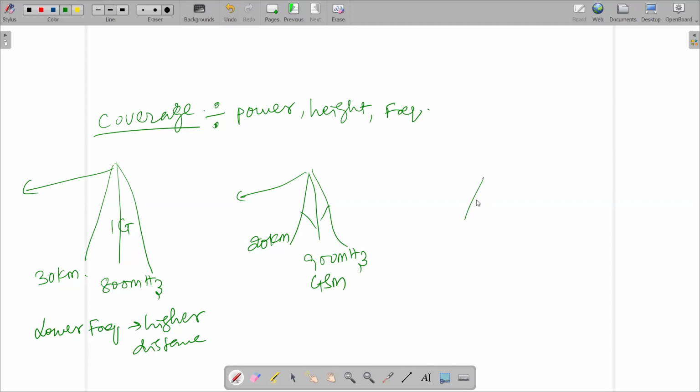So my question is, does it depend on the frequency, or is it also configuration? Therefore we have to configure, right, there is ET, electrical tilt.